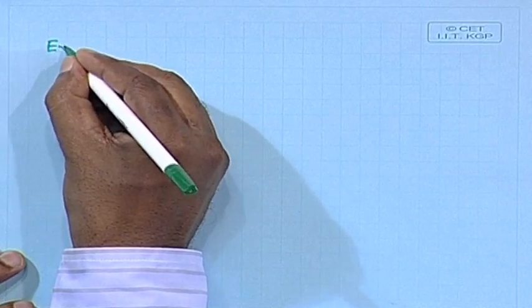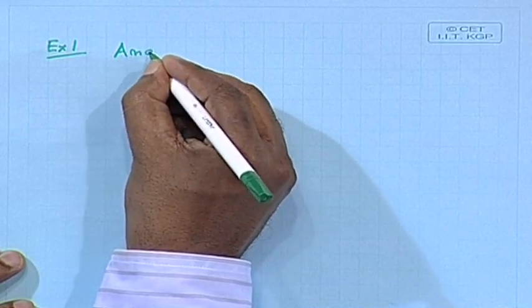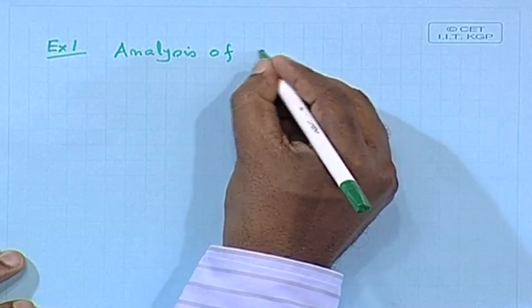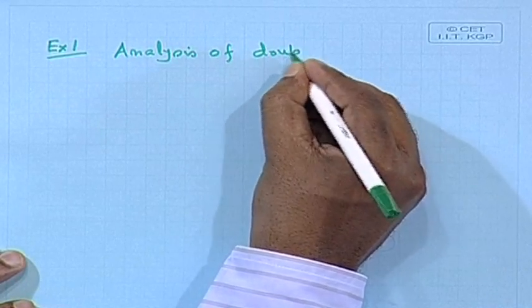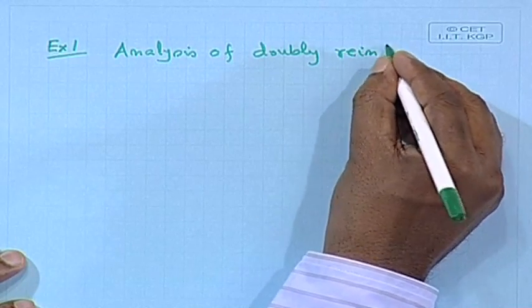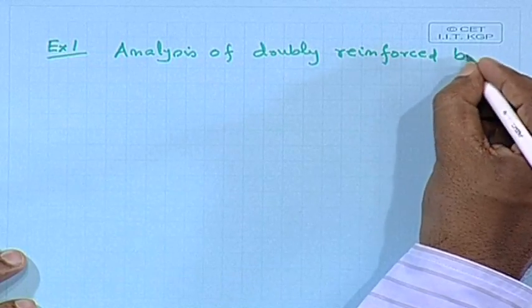Now, let us do at least 2 examples if we can manage it. Example 1, analysis of doubly reinforced beam.